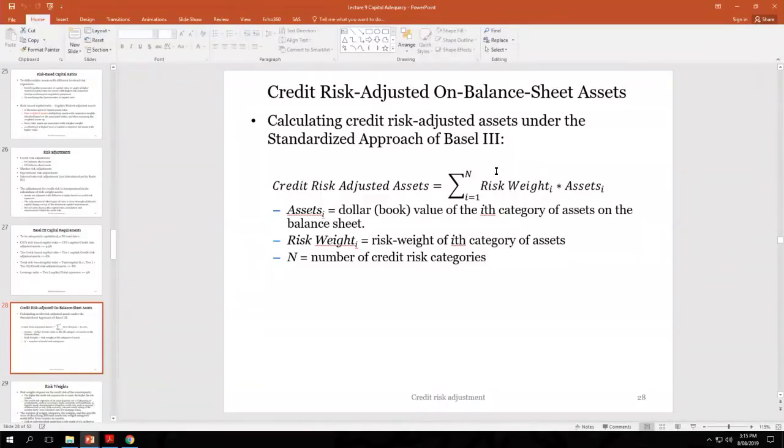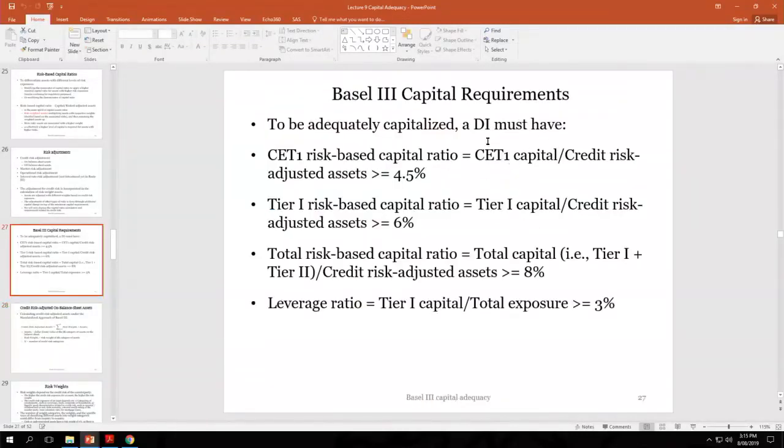So the purpose of using this credit risk adjusted assets as the denominator of our capital ratio is that, in a way, if we have a bank with very risky asset portfolio, their denominator, credit risk-weighted assets, will be very large because the risk weights are large, right?